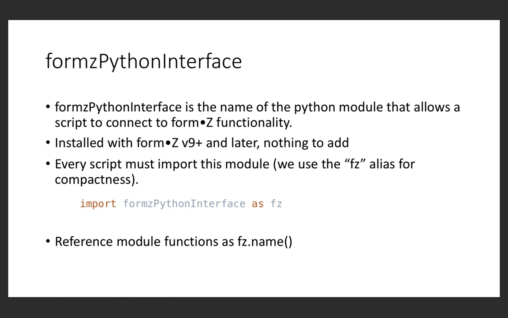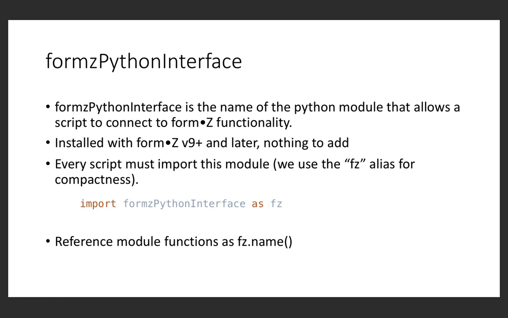But every script that is going to be used to access FormZ functionality must import this module. The import statement goes at the top of a Python script and tells the script what outside functionality you are trying to use, outside being beyond the scope of the Python source file that you're editing. So we need to import this into every FormZ script that you're going to use.